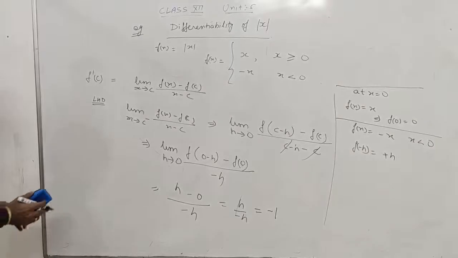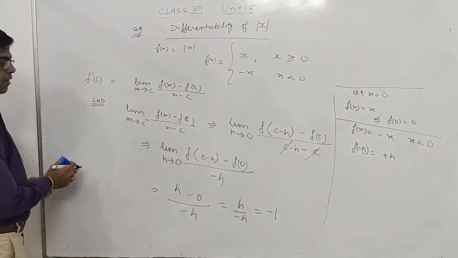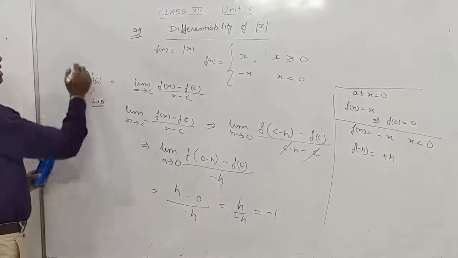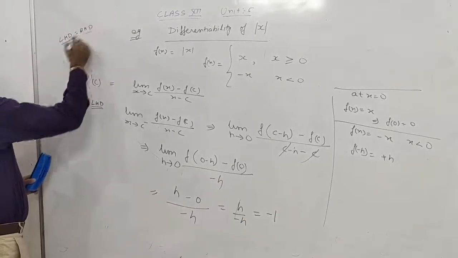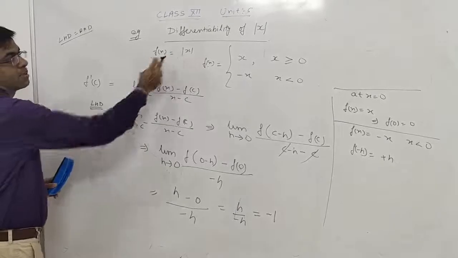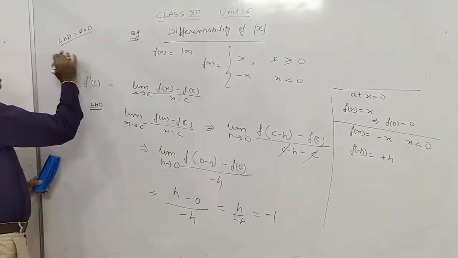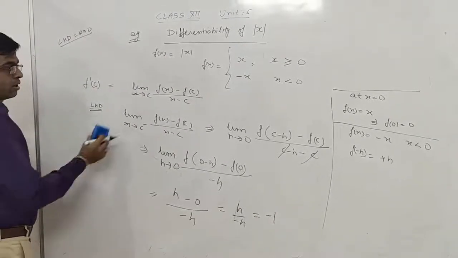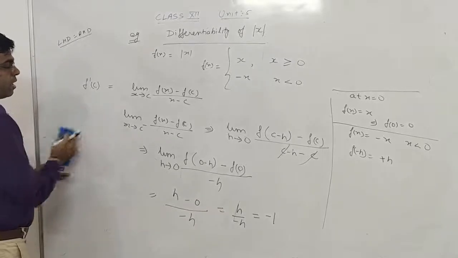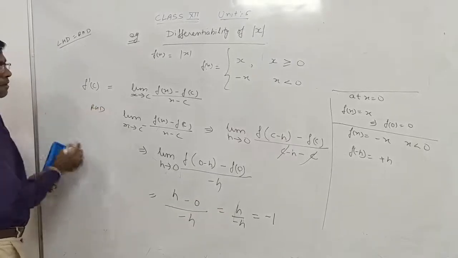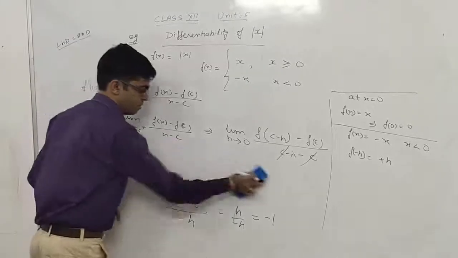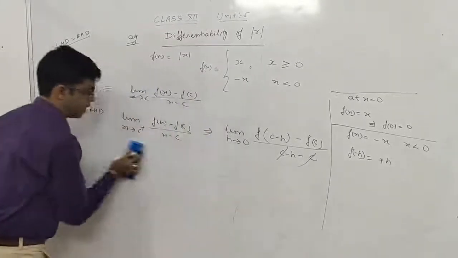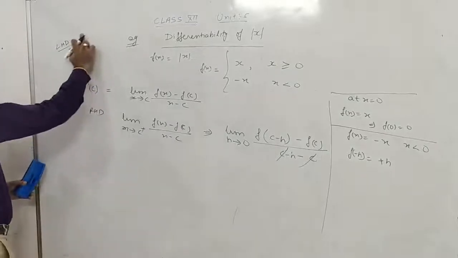Now we have to check the right hand derivative. If the left hand derivative and right hand derivative come the same, then we can say that this mod x function is differentiable at 0. Okay, so now the right hand derivative, c plus. The left hand derivative is equal to minus 1.